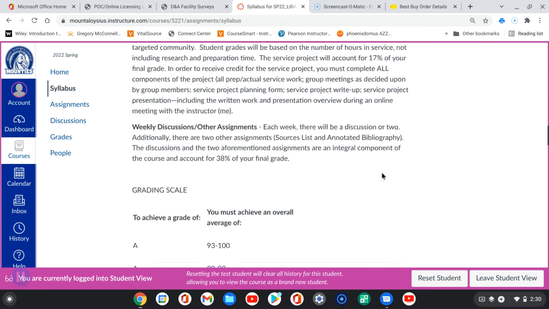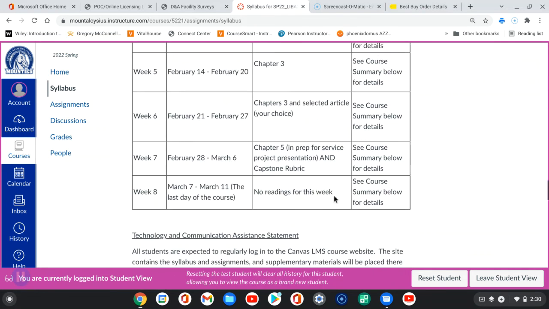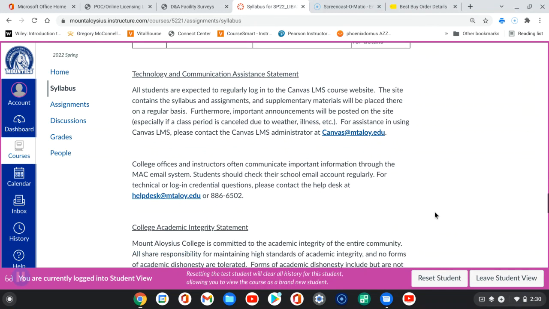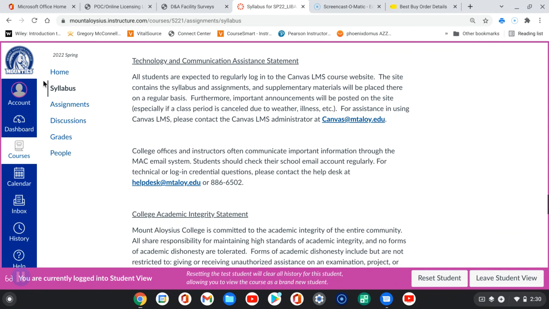So back here to the syllabus. The schedule is there, so look through that and make sure you understand it. I'm not going to read through all of this to you, but there's information on technology and communication assistance. If you're having issues related to Canvas, technical issues, you can send an email to canvas@mtally.edu.